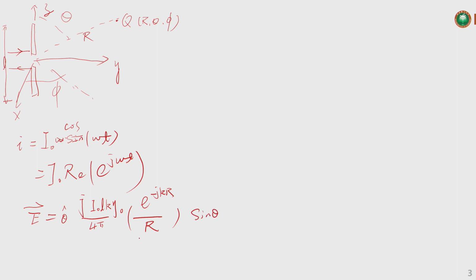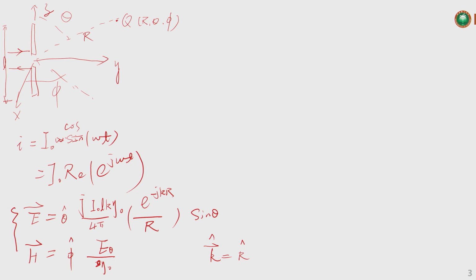This is the electric field, and the magnetic field is along the phi direction, which is E theta divided by eta naught. These are the expressions for the electric and magnetic fields. They both propagate along the radial direction, so the unit vector of k is along the radial direction.